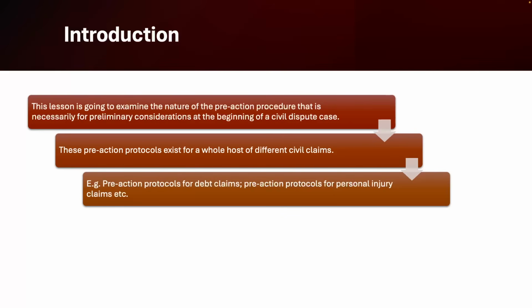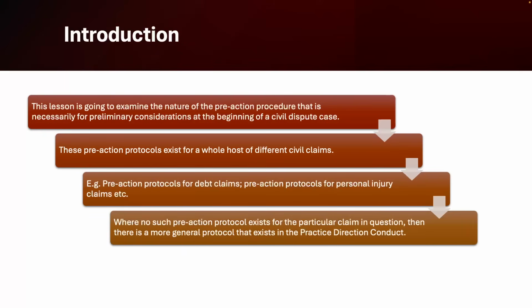You have pre-action protocols for claims concerning debts, personal injuries, and breach of contract. The main textbook for dispute resolution spent some time doing a couple of case studies for some of the more common pre-action protocols. I decided to do something similar by focusing on a different one, specifically the judicial review pre-action protocol.